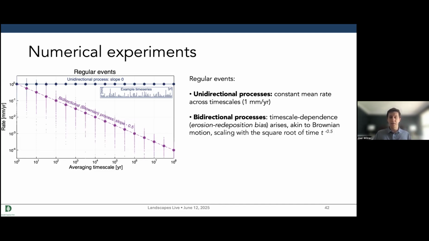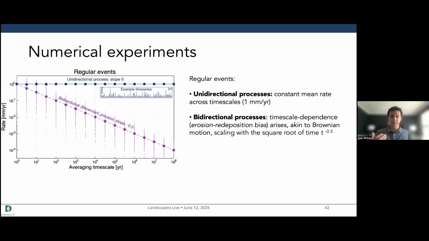It's akin to Brownian random walk motion, which has this well-recognized scaling with the square root of time, t to the negative 0.5, where that negative 0.5 manifests as the Sadlerian slope.